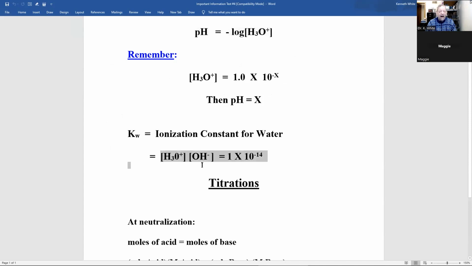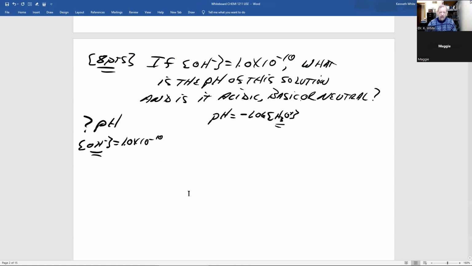That hydronium times hydroxide concentration equals 1.0 times 10 to the minus 14. So what are we doing with this new information? We need to do 2 steps. Step number 1.